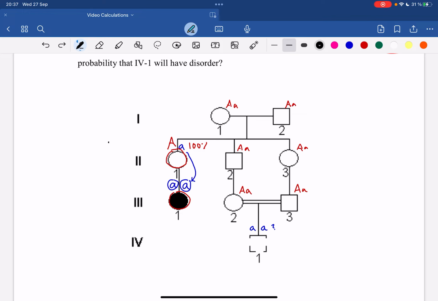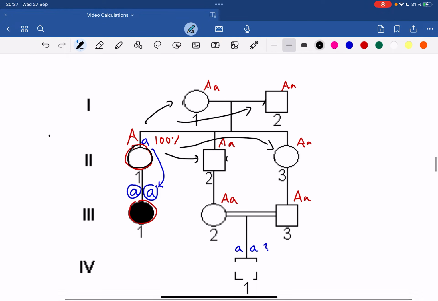Then we take first degree relatives. All of these people are first degree relatives to her. Remember, first degree relatives are mothers, fathers, sisters, brothers, but also children. Although in this case, we know for sure that this person is affected. And we divide by half of that relative's probability.